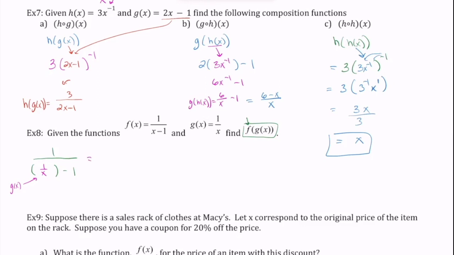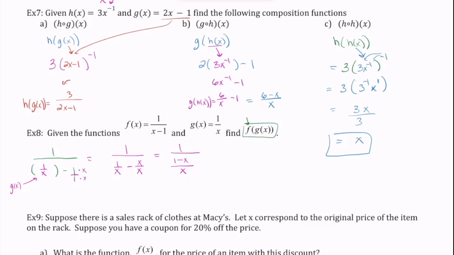So I have this, and I could try simplifying all this, so I don't have a fraction over fraction. So I have 1 over, this is 1 over x minus, technically this is over 1, so my common denominator here is x. So it's going to be x over x. And then this just becomes 1 over 1 minus x over x.